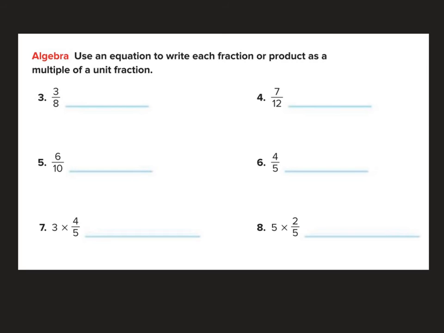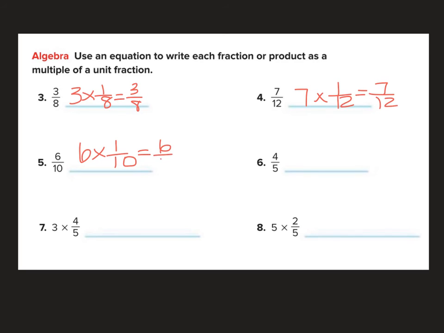Use an equation to write each fraction as a multiple of a unit fraction. So for this one, I can do 3 times 1/8 equals 3/8. 7/12, I can do 7 times 1/12 equals 7/12. For this one, I can do 6 times 1/10 equals 6/10.